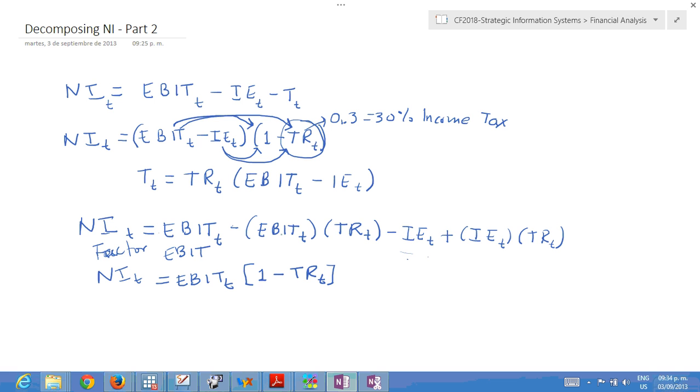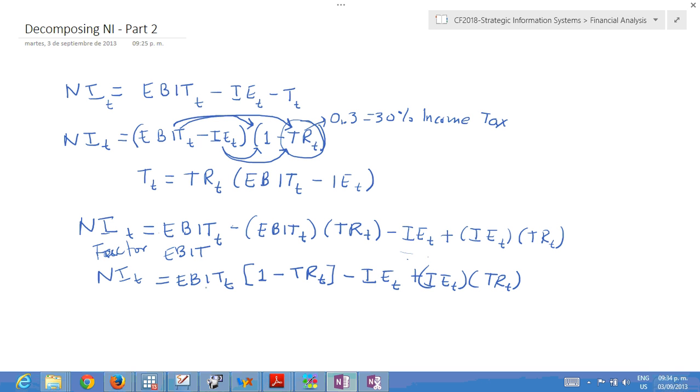You factorized the EBIT, and then you leave the rest the same: minus interest expenses at time t plus interest expenses at time t multiplied by the tax rate at time t.